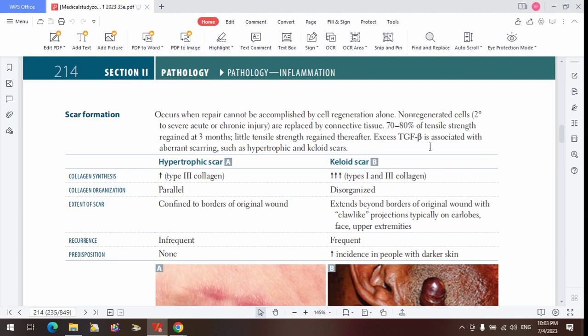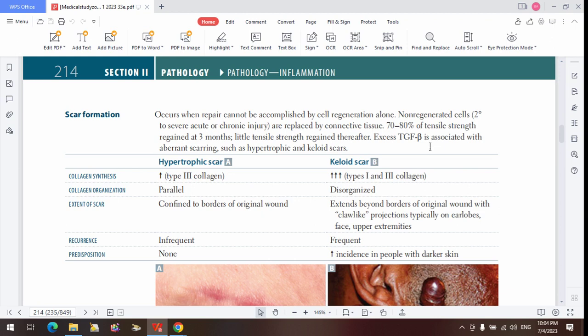Do you get it, Dr. Zubia? Because we said the remodeling phase occurs between 1 week to 6 months. So by 3 months, you will have dominance of type 1 collagen increasing tensile strength. After 3 months, little tensile strength will be gained, so the majority of your type 1 will have been formed by 3 months.